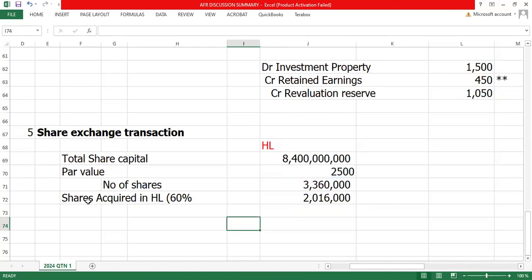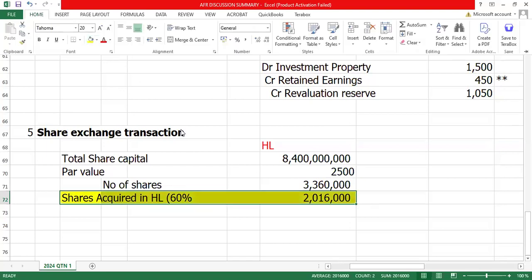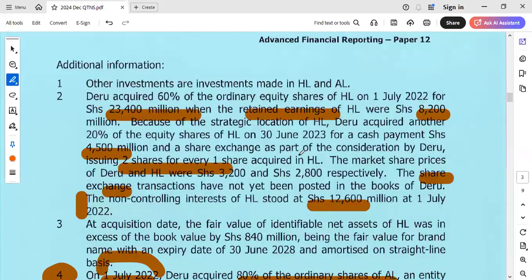Now, when you look at what they are telling us about the share exchange, when you acquired more 20%, you paid cash and also the share exchange as part of consideration.